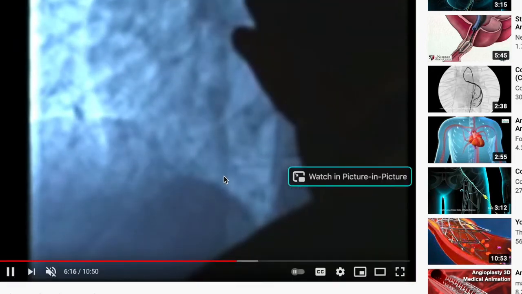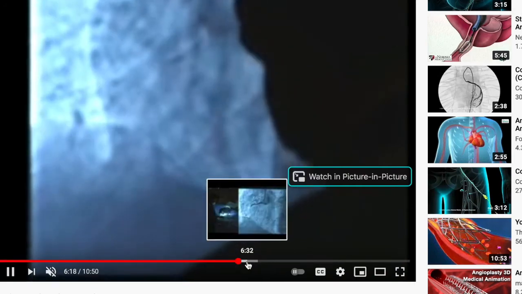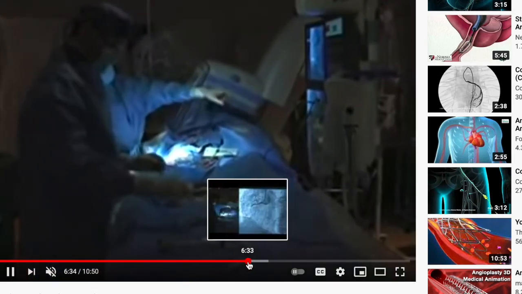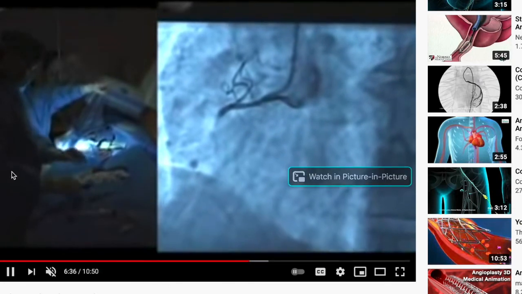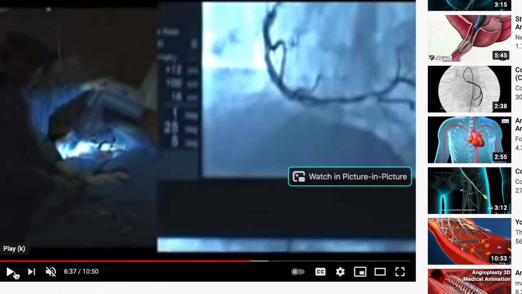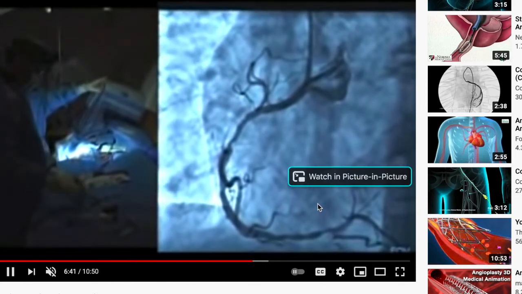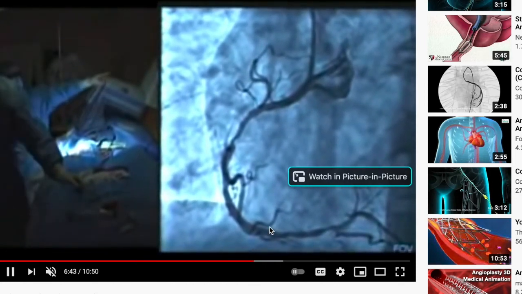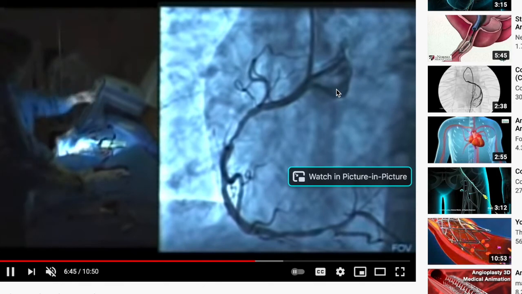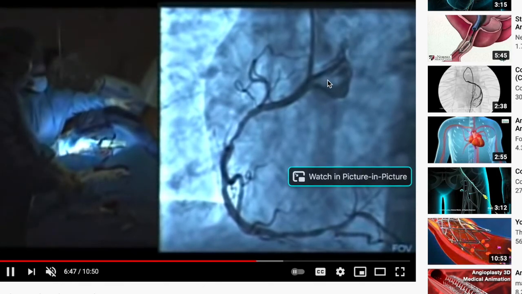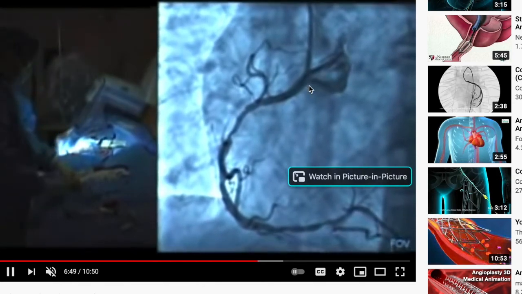All right, I think we're getting to the good part here. Here we go. This is what we want. You can see the one side of the heart where we have full blood flow, because what you're seeing there is the blood vessels. The way you're seeing those blood vessels show up is that they injected dye into the person's blood.